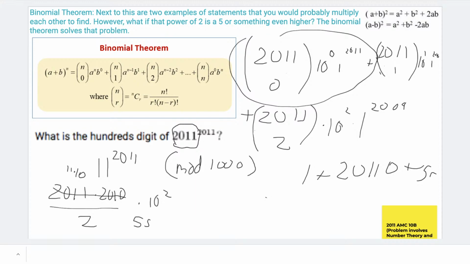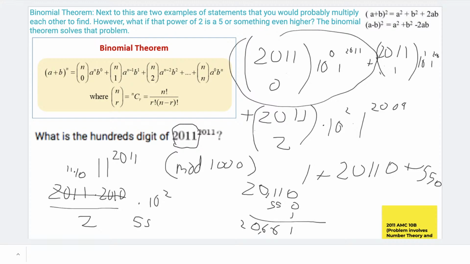And now adding these expressions up, you can just mod 1000 before adding it, but we'll just add it so it looks simpler for the people watching. So 0 plus 0 plus 0, 1. 5 plus 1, 6. 5 plus 1, 6. And then we have 20,661.